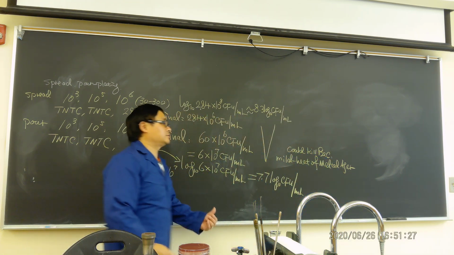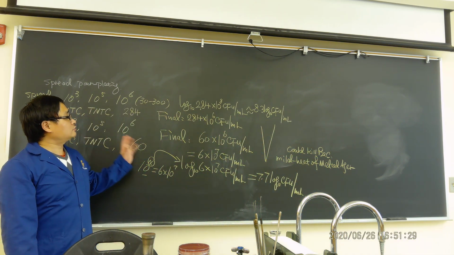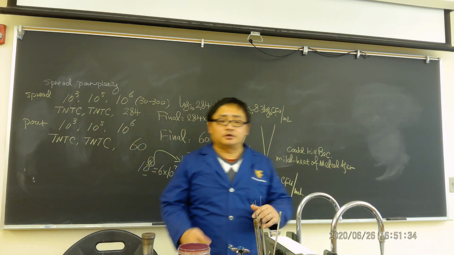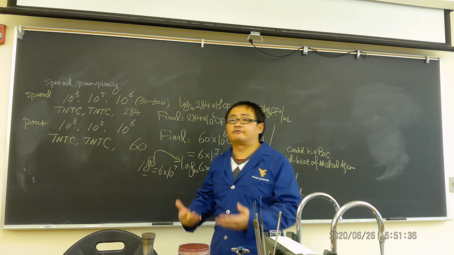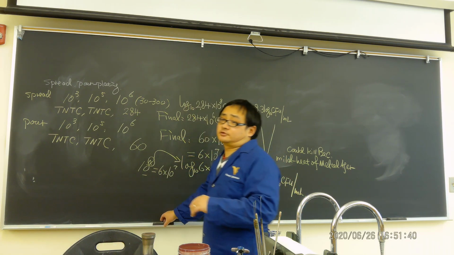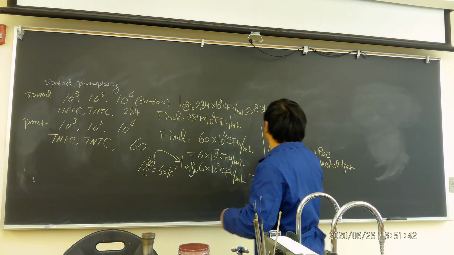Okay, so that's the reason. So that's what we did for pour plating and spread plating. And this will be going through the whole semester for everything. So we will just do it again. So just to let you have an idea, okay?